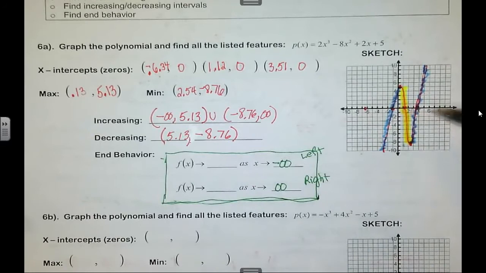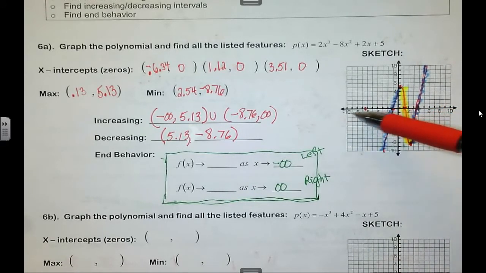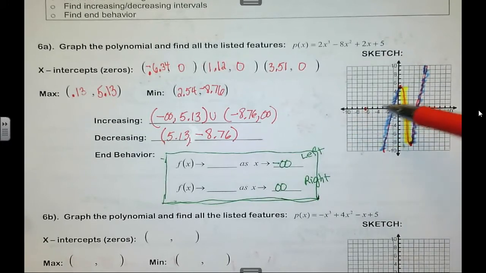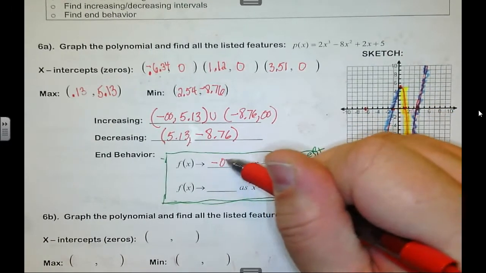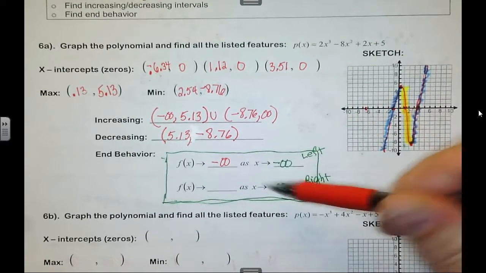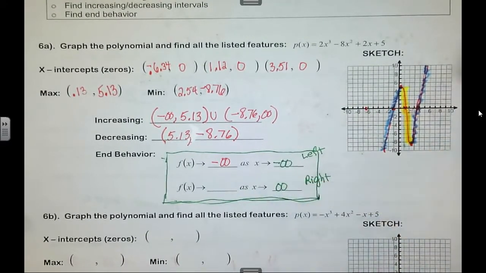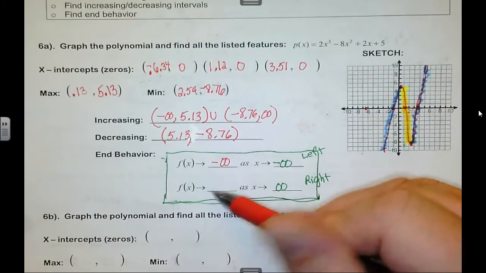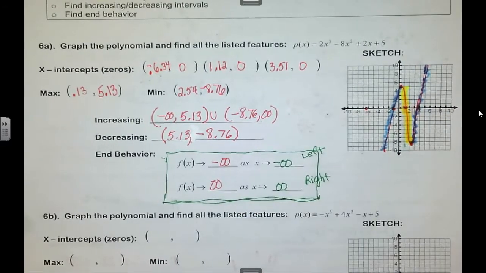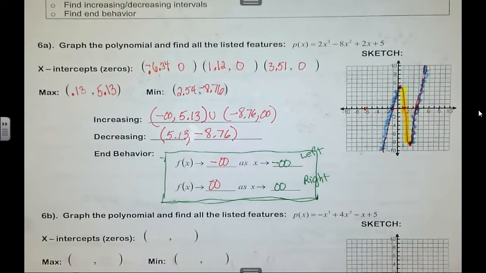As my x goes to negative infinity, my y goes to negative infinity. As my x goes to the right, my graph goes to positive infinity. That's it for 6A.